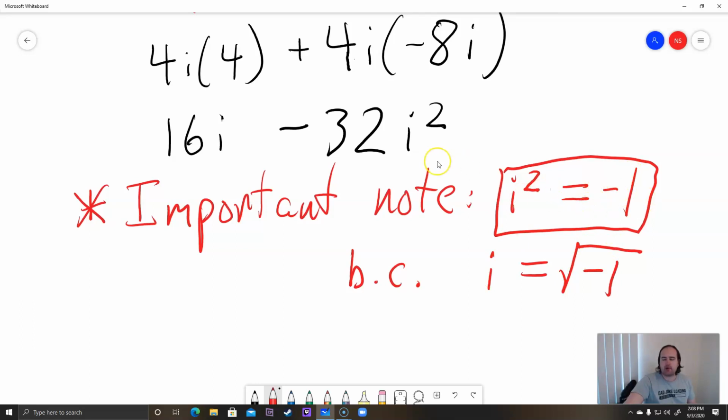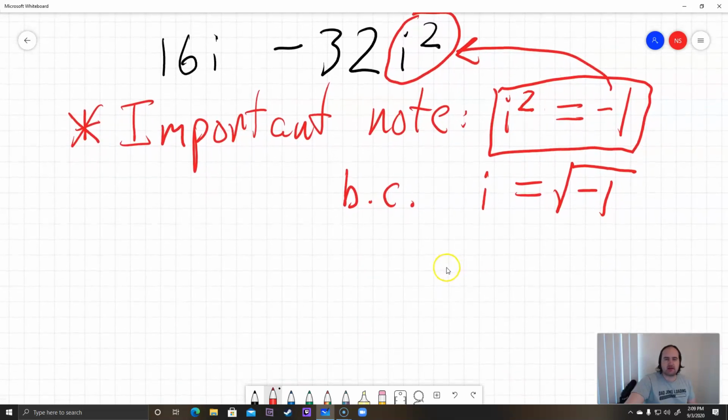And when you're doing a problem, if you ever get i squared, you always replace it with negative 1. So we're actually just going to replace this i squared here with negative 1 instead. Now if you just have i, you leave it as i. But if you ever have i squared, you always replace it with negative 1.